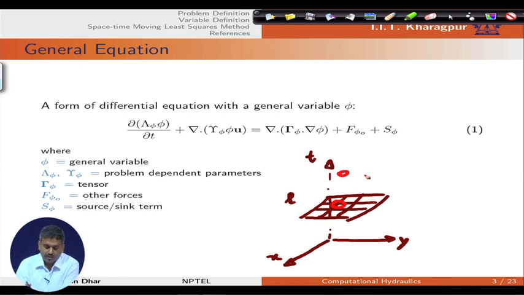So, in the finite difference case, we are considering 2 points, one in the present and another in the future.